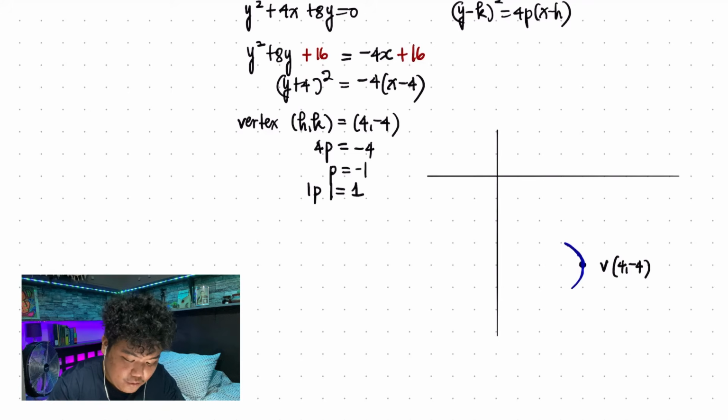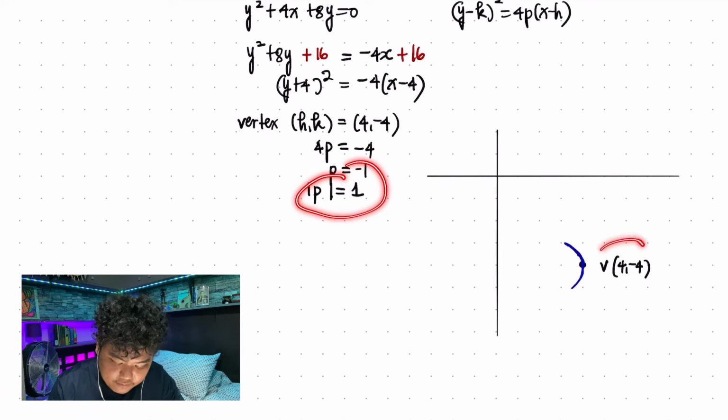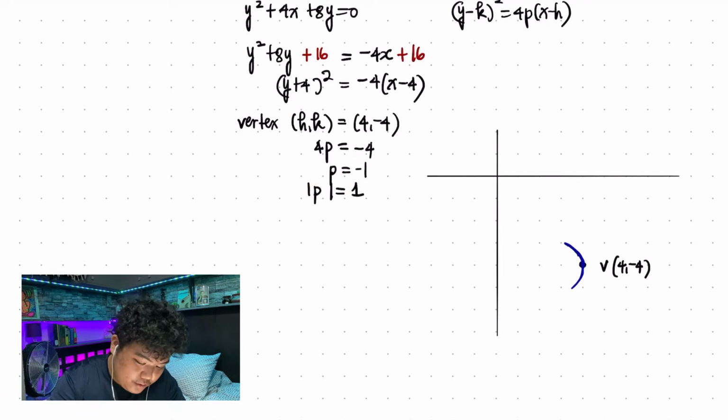Sabi natin, the focus is 1 unit from the vertex. So, our focus, andito siya, 1 unit to the left daw. So, anong coordinates nun? Magmo-move ka ng 1 unit to the left. So, 3, negative 4.